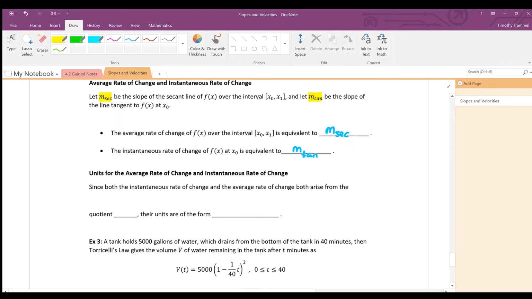Another question that you all might have had, actually maybe even in the last part, is how do you determine the units when we're computing these average rates of change or the instantaneous rate of change?